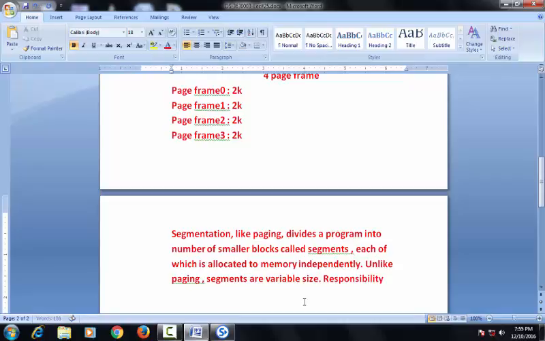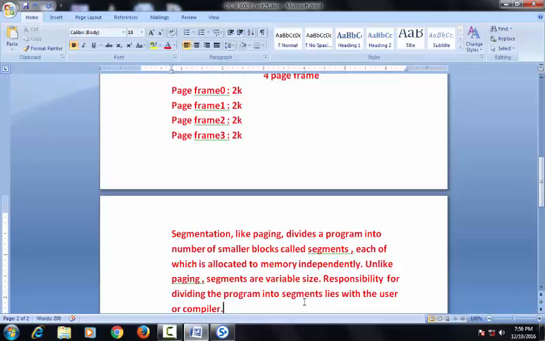Responsibility for dividing the program into segments lies with the user, or you can say this task may be done by the compiler.